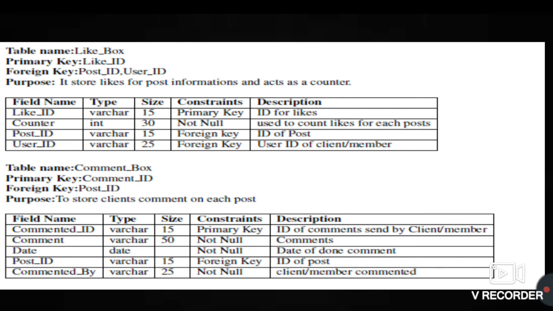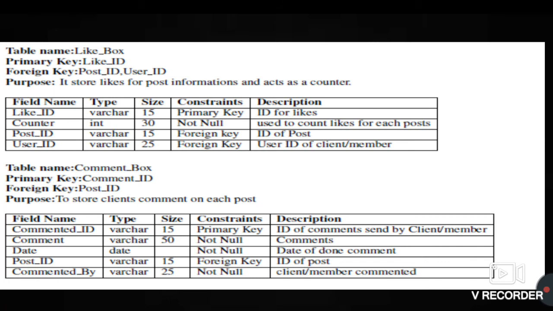Like ID is the ID for likes, and counter is used to count likes for each post. Post ID is the ID of the post and user ID is the person who liked the post. Post ID and user ID are foreign keys, and they connect the like box with the post table and the user table.